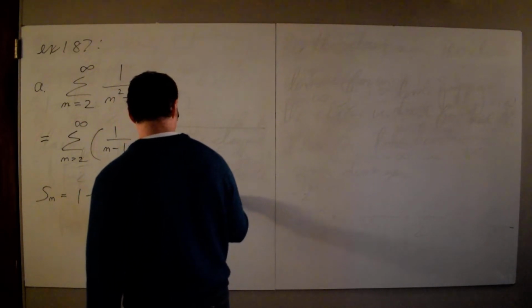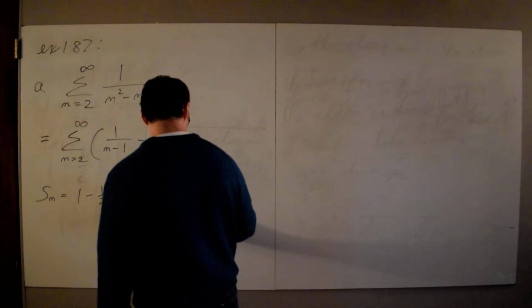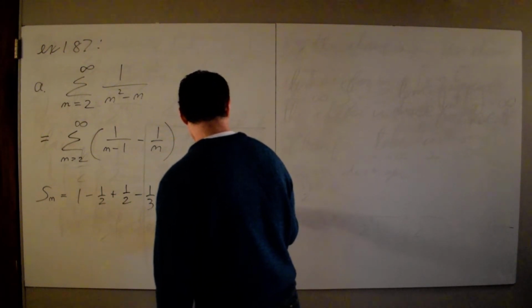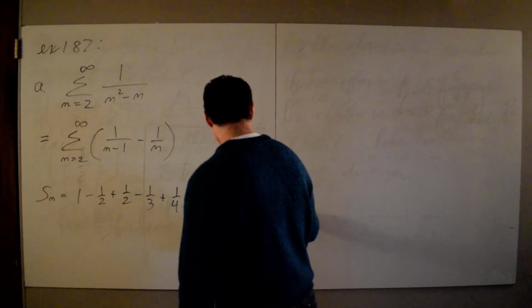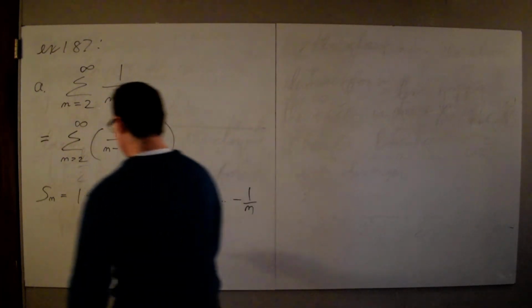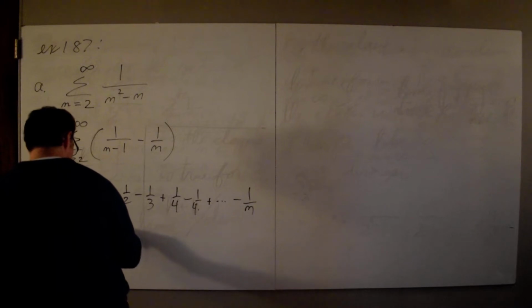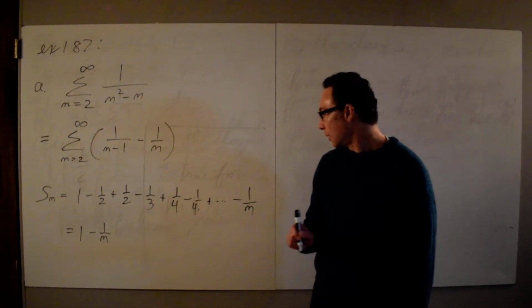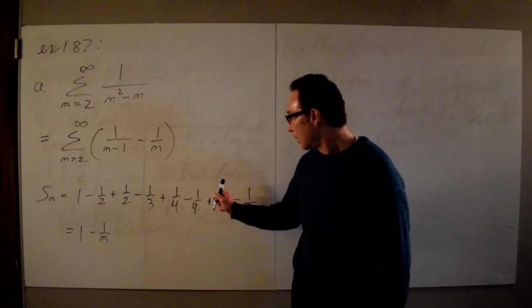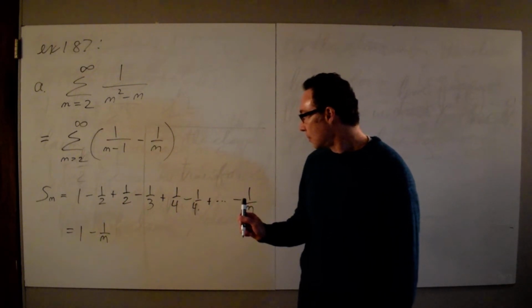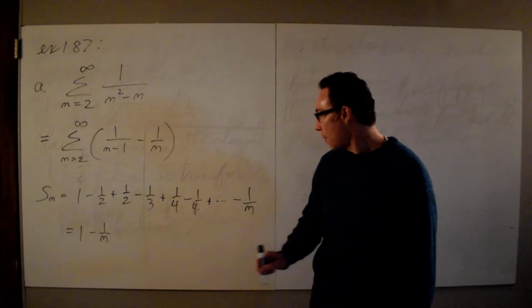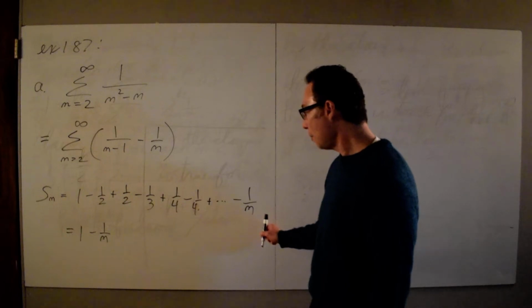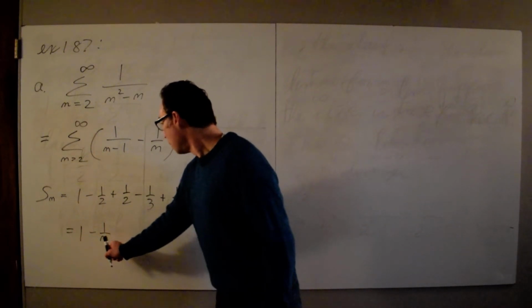Plus 1/3 minus 1/4. That goes all the way out to negative 1 over n. Remember in Calculus 1 when you were learning to integrate and you were looking at these summations, you had something called a telescoping sum? That's what's happening here. This s sub n is a telescoping sum. It collapses to 1 minus 1 over n.